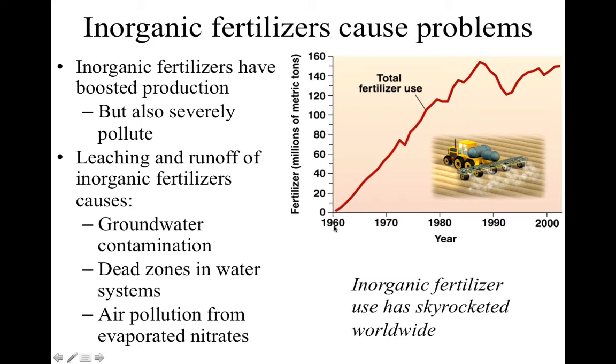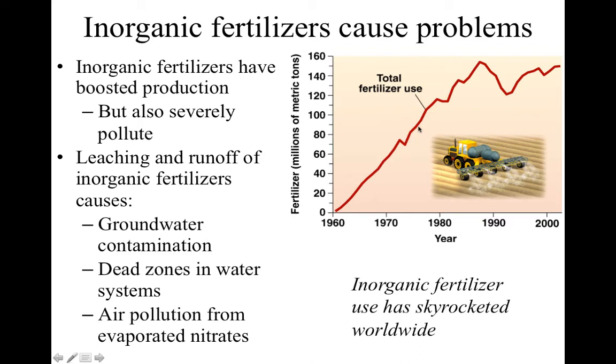So here's an interesting statistic, and look at this. If you only go back to 1960, the use of inorganic fertilizer is nearly zero then. So this is something that only started in 1960, and you can see a pretty steep increase in the amount that's used. At this point in the 1970s, there was an economic crisis, and so fertilizer use actually decreased a little bit when the economy went bad.